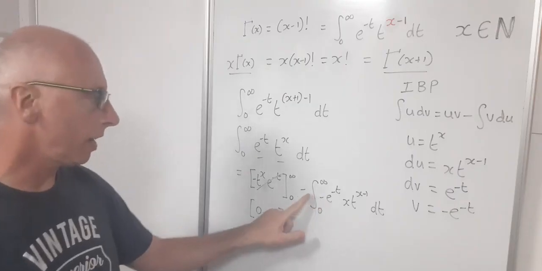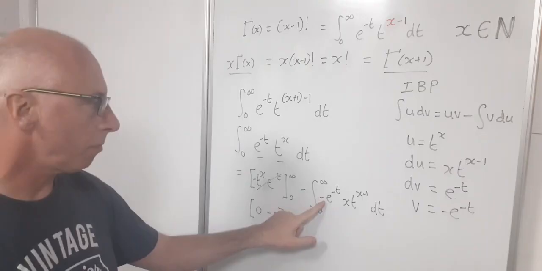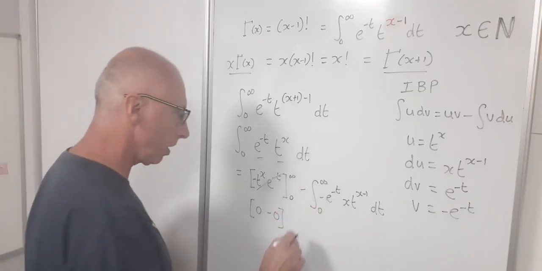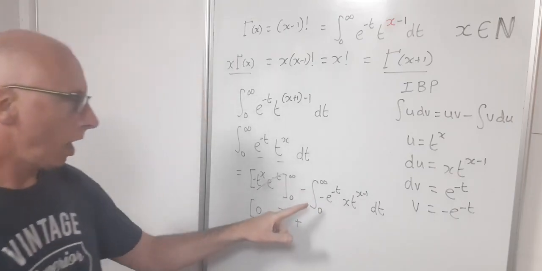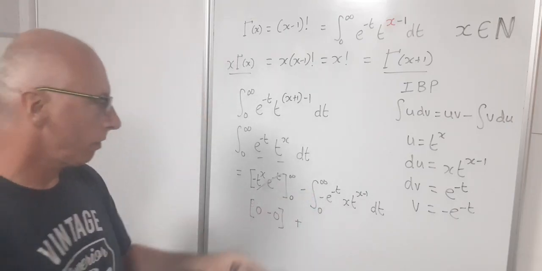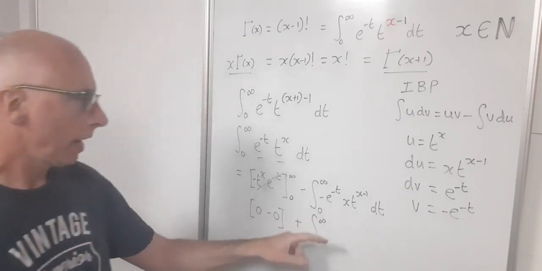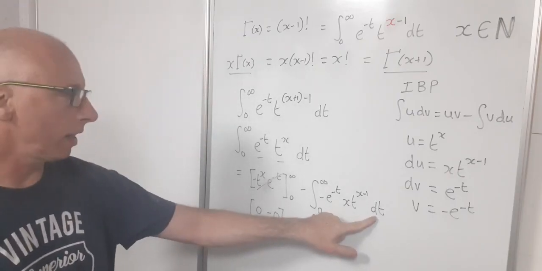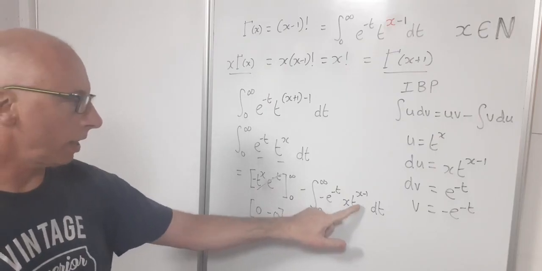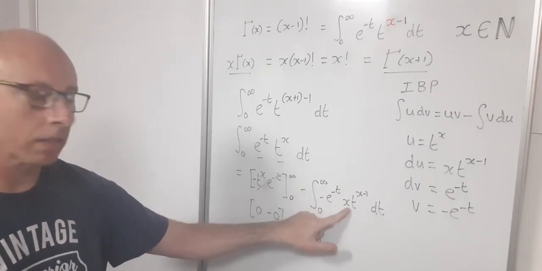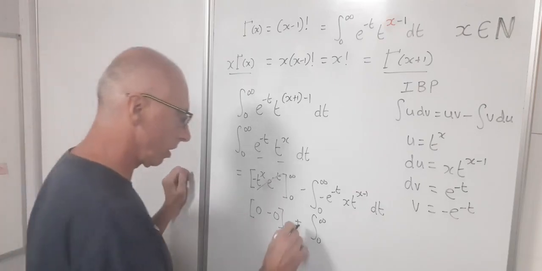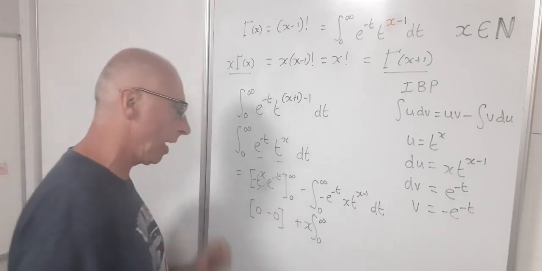Now let's simplify this. So I've got minus and a minus. So that becomes positive. I've got 0 to infinity. So that's fine. Now I'm integrating with respect to t. So this has got a t in it, this has got a t in it, but this is just x. So that can come out to the front. So now I've got an x there.